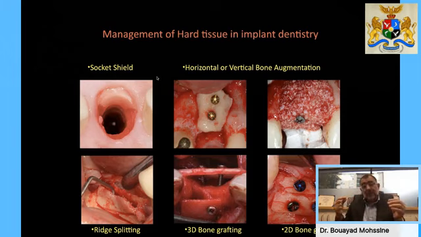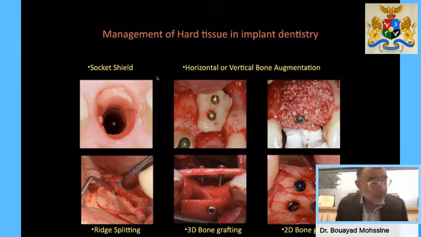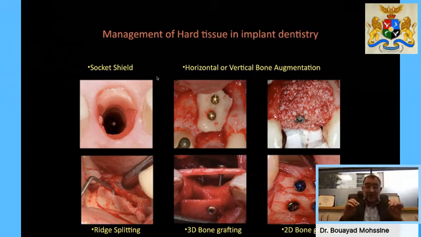The benefit of this kind of surgery is that you place your implant in native bone. It's so important to place the implant in native bone because we do not have big resorption when we place our implant in native bone.